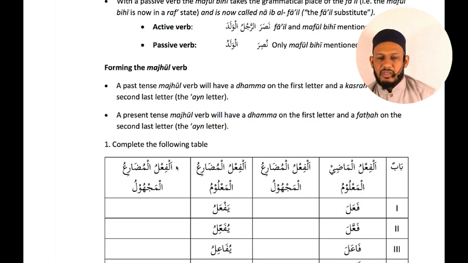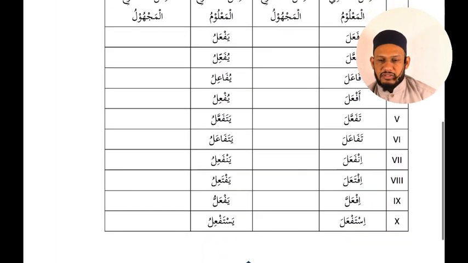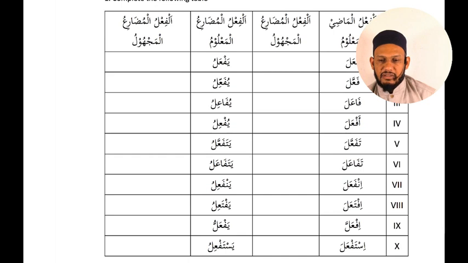So let's do fa'ala. Make it majhul, becomes what? Dhamma on the first letter, and a kasra on the ayn letter becomes fu'ila. That's the majhul.